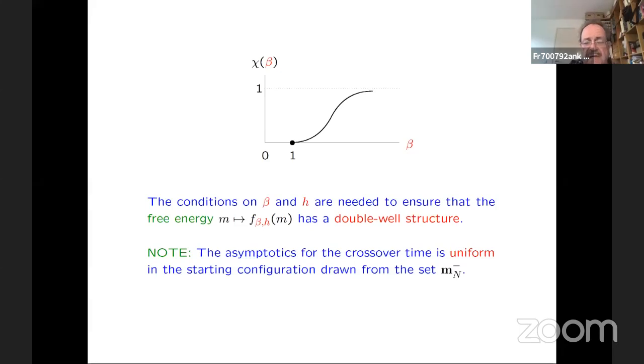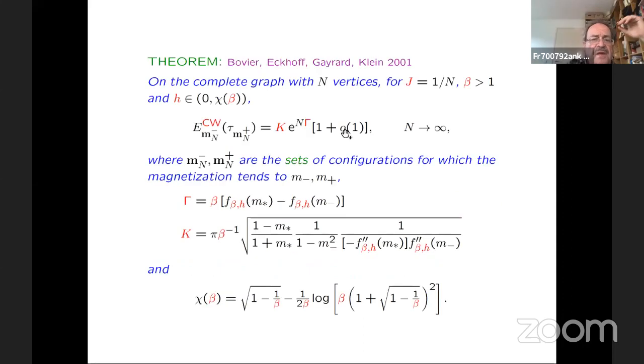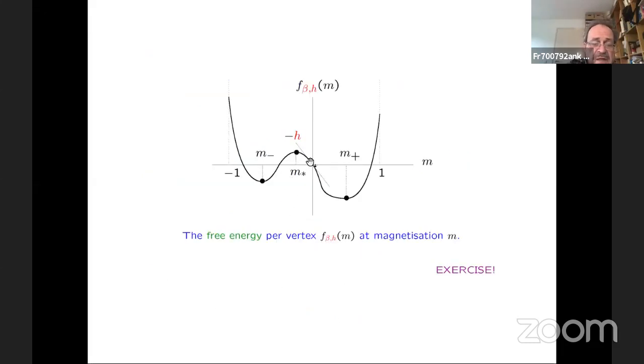So this is a very nice and happy ending for the Curie-Weiss model. There's so much symmetry that we have a complete description of the crossover time with computable quantities, and we already see here again that this prefactor is a somewhat non-trivial object that you have to take into account, and it has something to do with what is happening here and here in this curve.